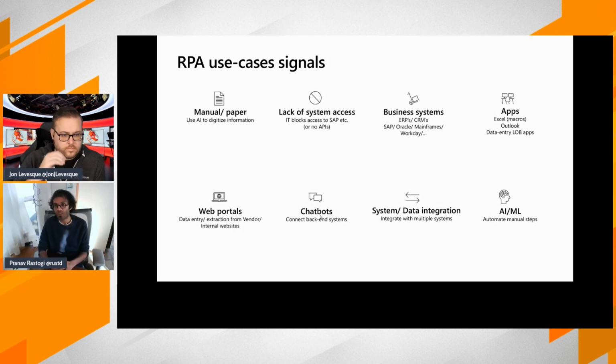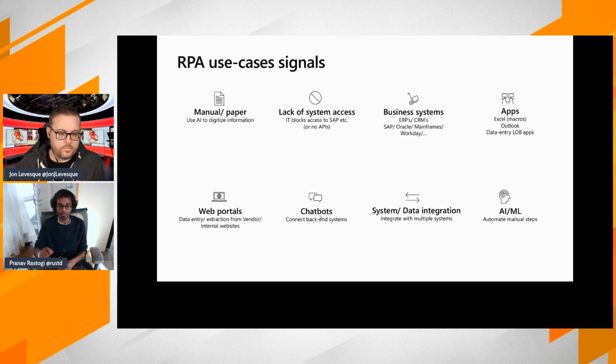Excel macros, if you're doing a lot of data entry using your line of business apps, or if you're going to a third-party portal for a vendor where you're extracting a lot of data, or doing data entry, then you can easily automate it using RPA. Any chatbot is a natural extension where you can call in from a chatbot to any backend system, which can be automated.